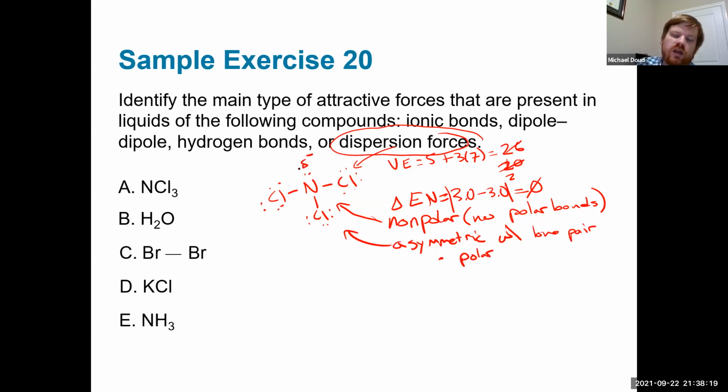This lone pair up here is more negatively charged than these chlorines here. So naturally, there's kind of a net negative charge on the lone pair. That's why we call that polar, and then that's a dipole-dipole force. Okay, so that's going to come up on the homework, but if you were on the test, for example, to say that this is nonpolar because there's no polar bonds, I would agree with you there as well.